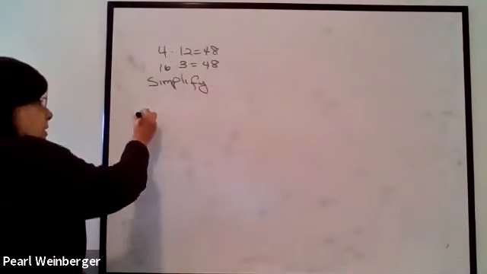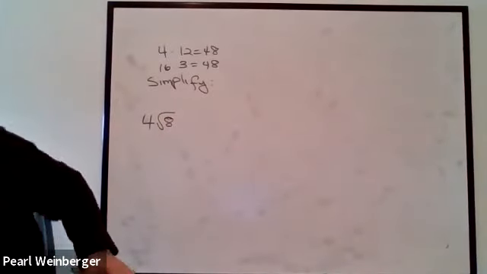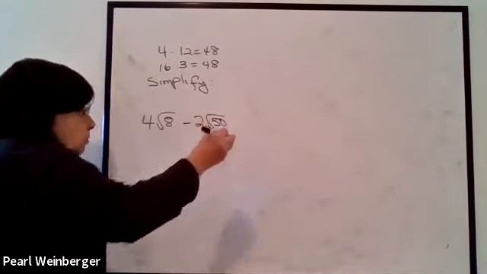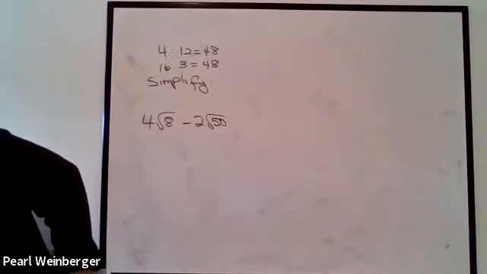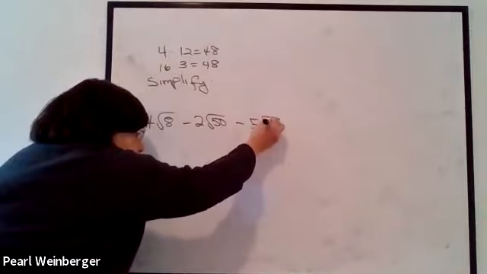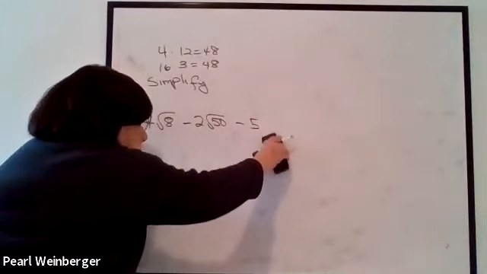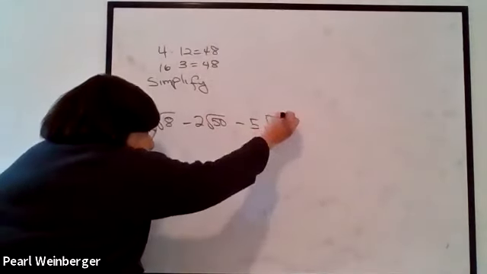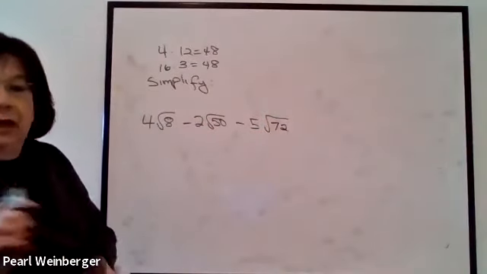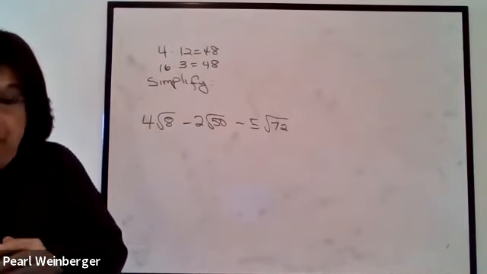We have 4 radical 8 minus 2 radical 50 minus 5 radical 72. A simplify 72, not 32. Let's see if you can simplify the radicals and combine any like radicals. They do not always turn out to be like radicals, but you have to try.